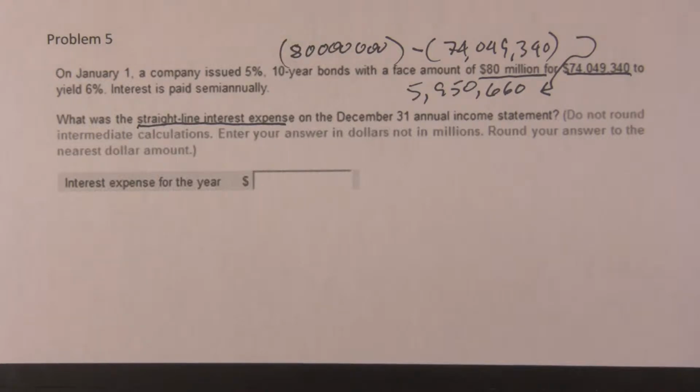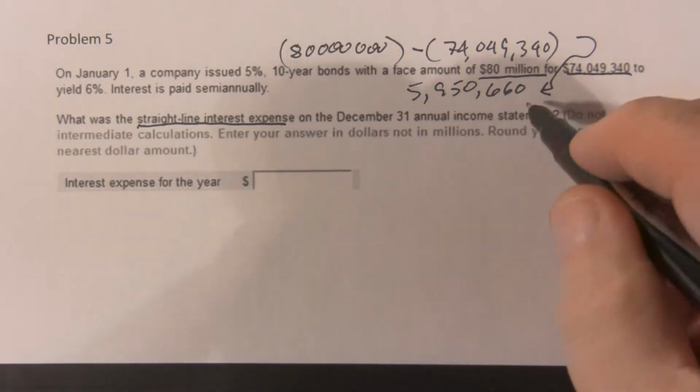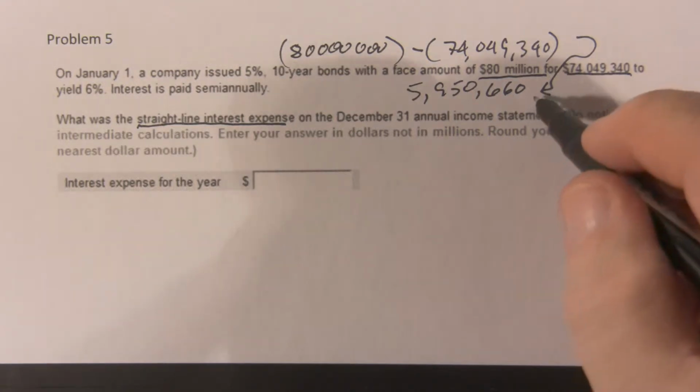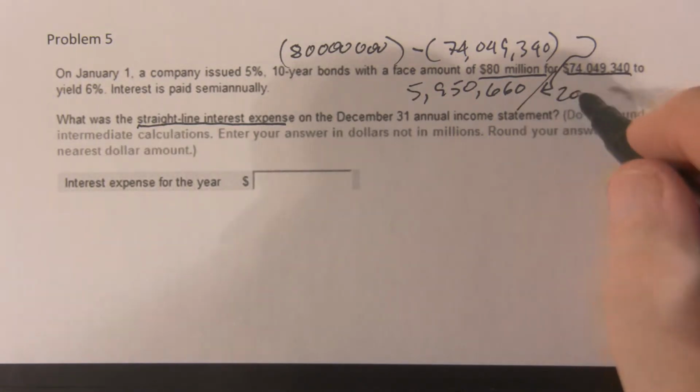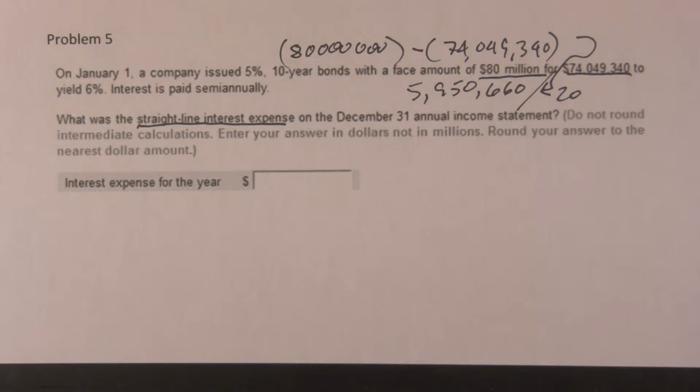And discount or premium is part of the interest expense, and a discount will increase the interest expense, so we had to take this number and divide by 20. That gives us the amount of the annual reduction, the annual amortization, actually it's the semi-annual amortization of the discount.